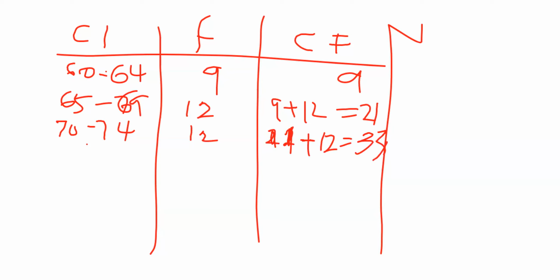33. And 75 to 79. The frequency we got that time was 7. So it's going to be 33 plus 7 to give us the cumulative frequency as 40 for that particular group. 80 to 84.